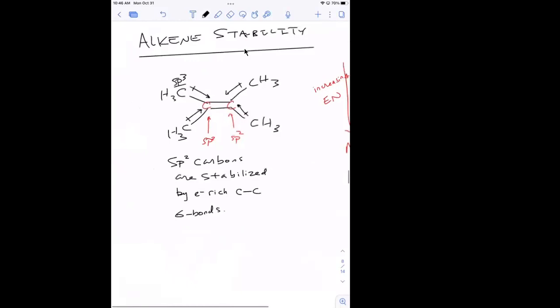That's why more substituted alkenes are more stable, because those carbon-carbon bonds are electron-rich, and they just shoot electron density towards those sp2 carbons.